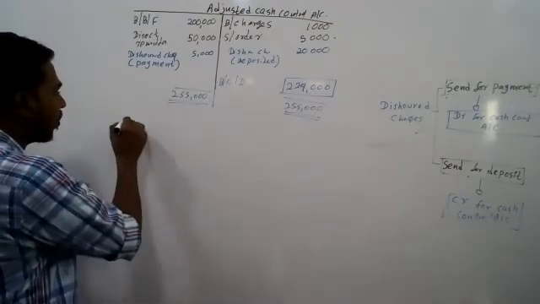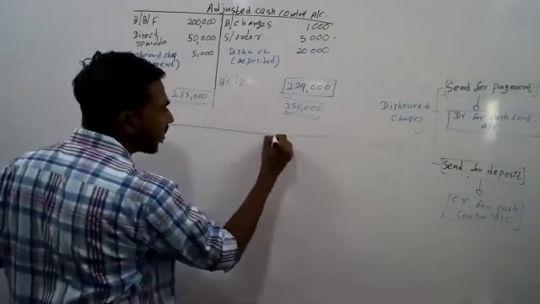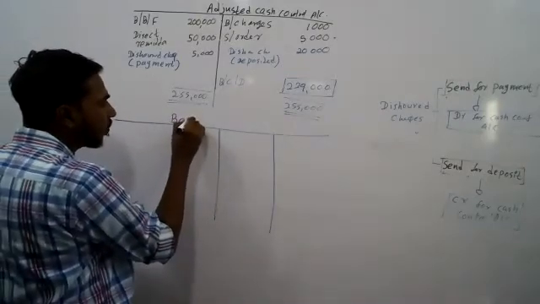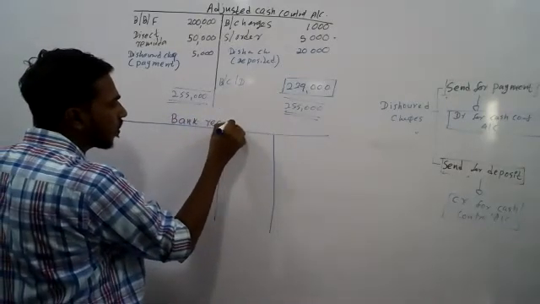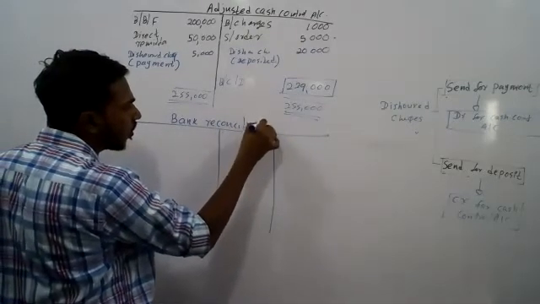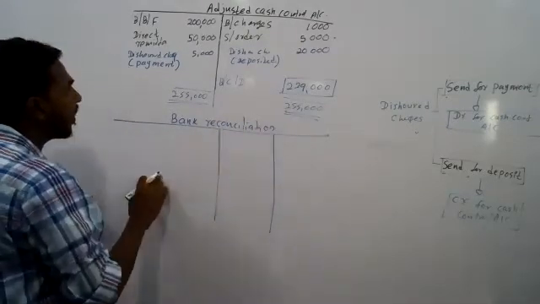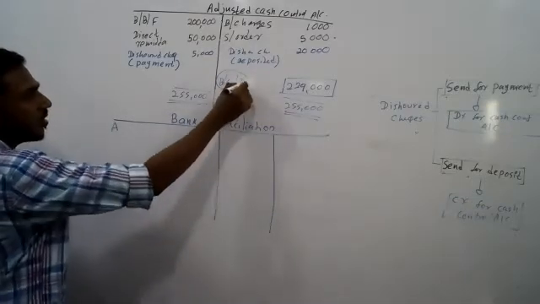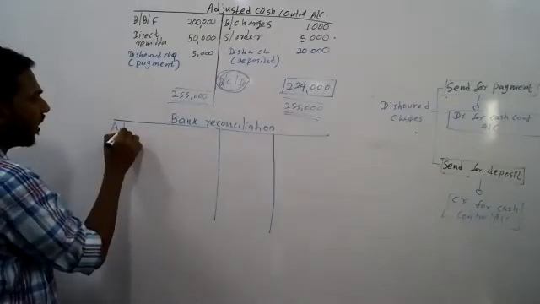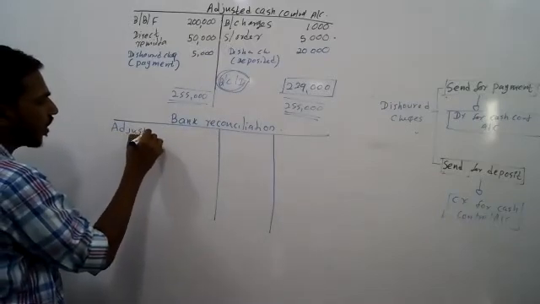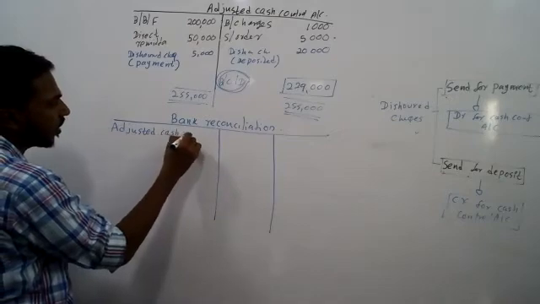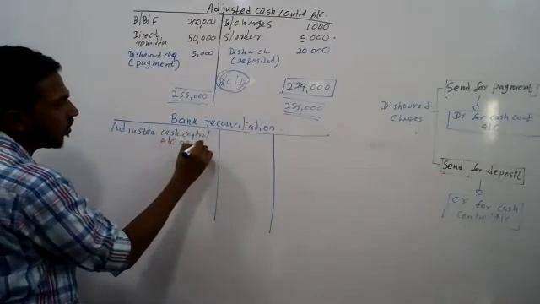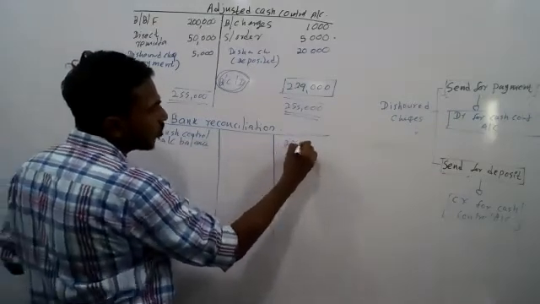Next, what we are supposed to do is the bank reconciliation. Here you start the bank reconciliation from this balance, the 229,000. This is called the adjusted cash control account balance. How much is the adjusted cash control account balance? It's 229,000.